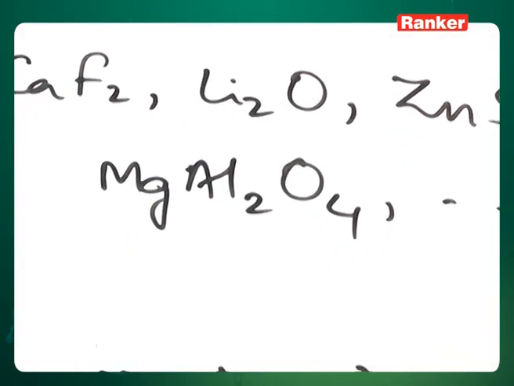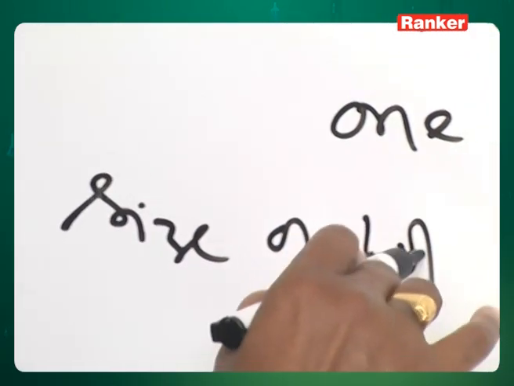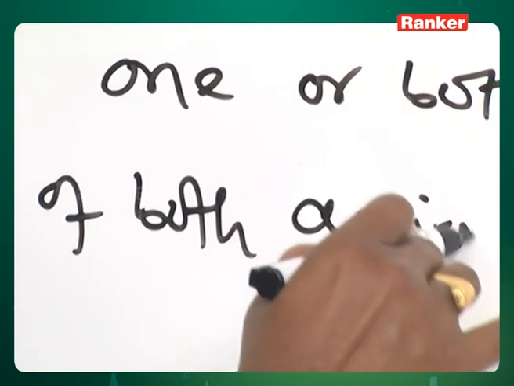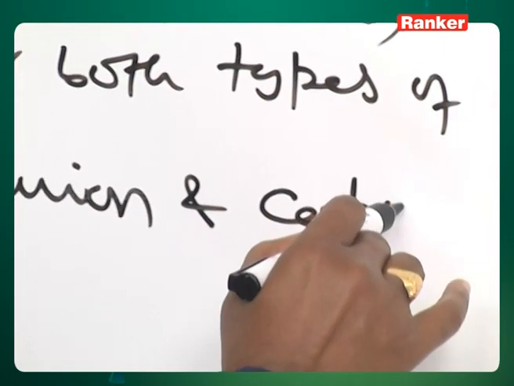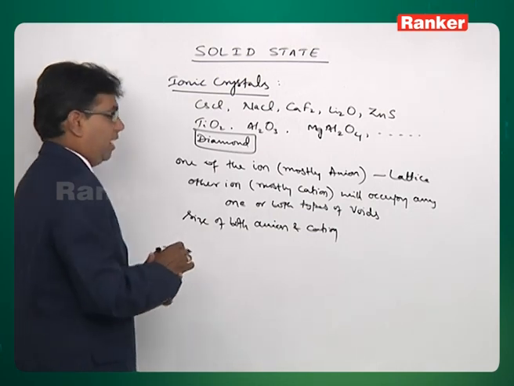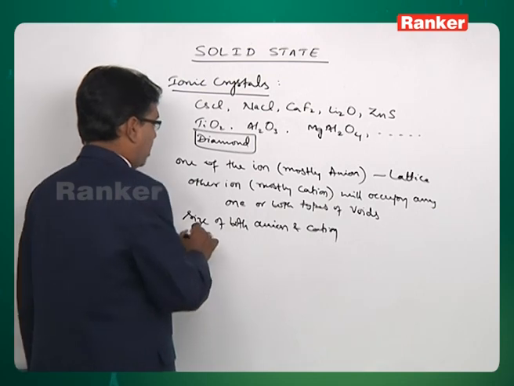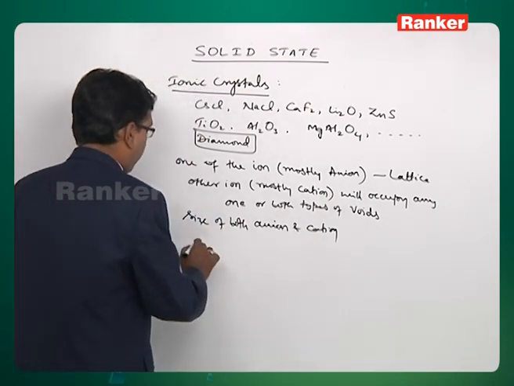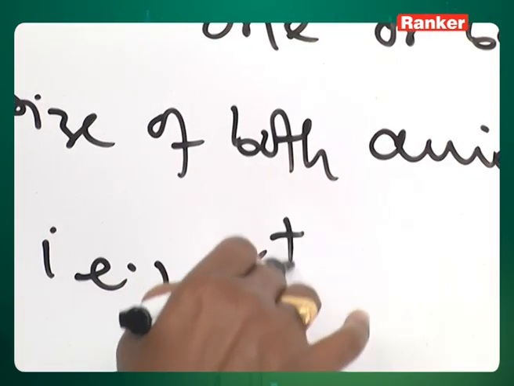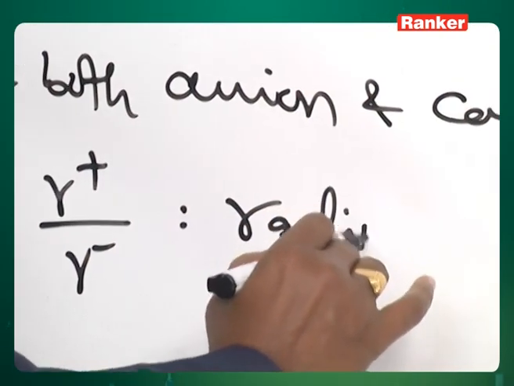It all depends on the size of both anion and cation. Suppose anion will form the lattice, then whether the cation occupies an octahedral void or tetrahedral void depends on the size of both anion and cation. That is, we determine with R plus by R minus. This is what we call radius ratio.